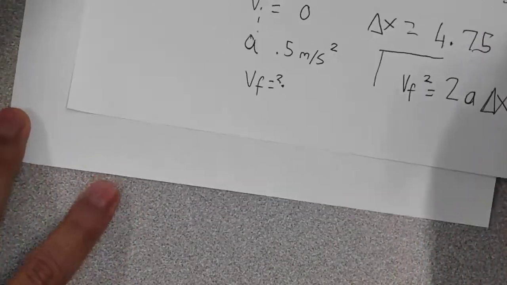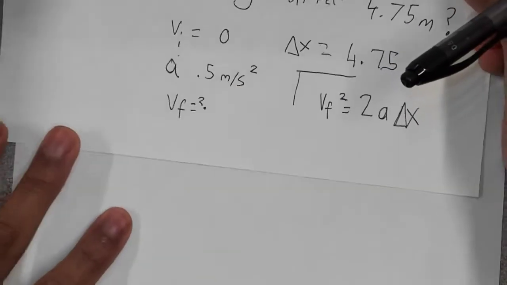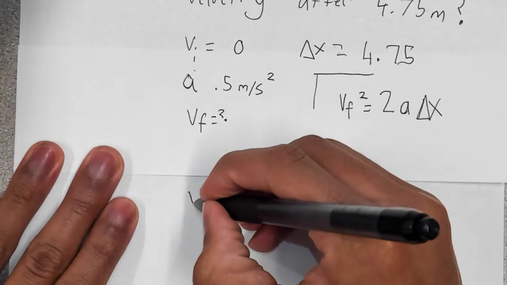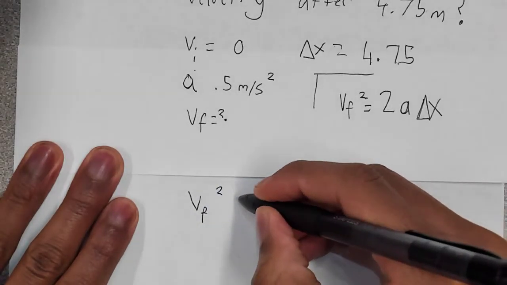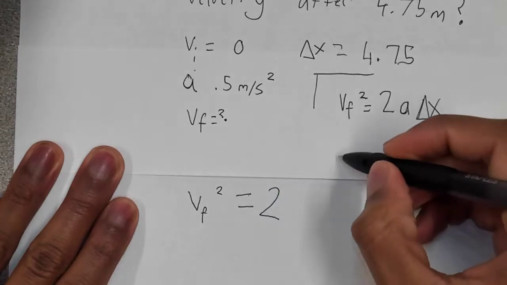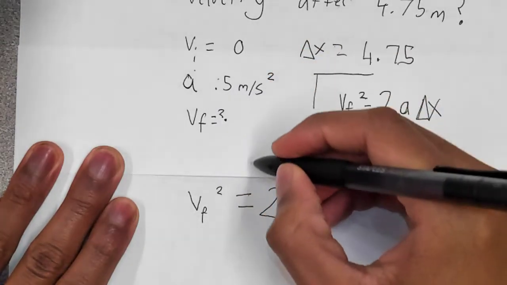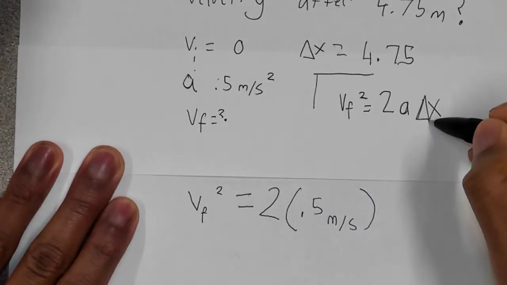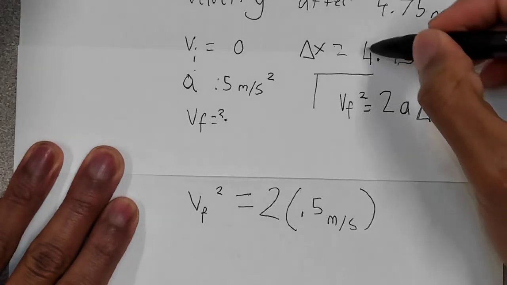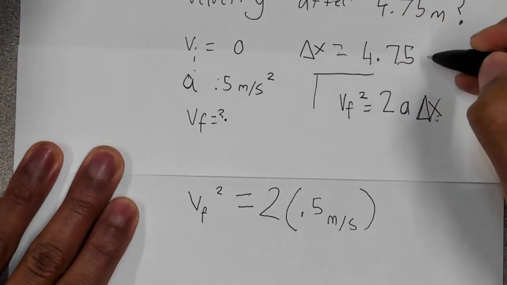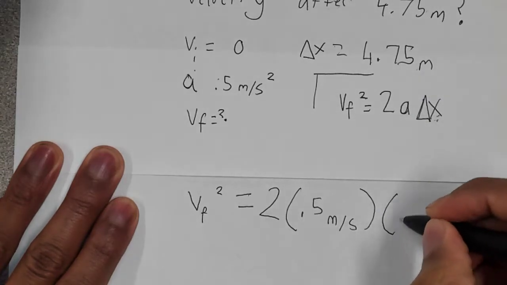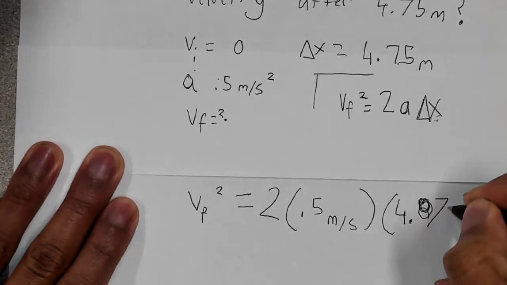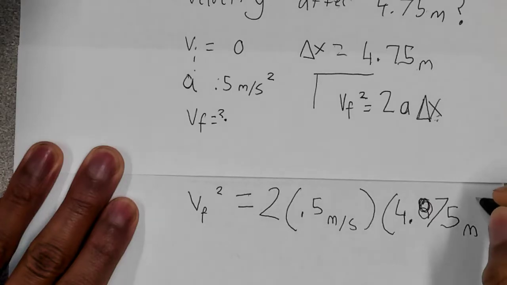So let's go ahead and solve this. Start plugging in some numbers. Final velocity squared is equal to 2 times acceleration, which was 0.5 meters per second squared, times delta x, which is displacement, which we have as 4.75 meters.